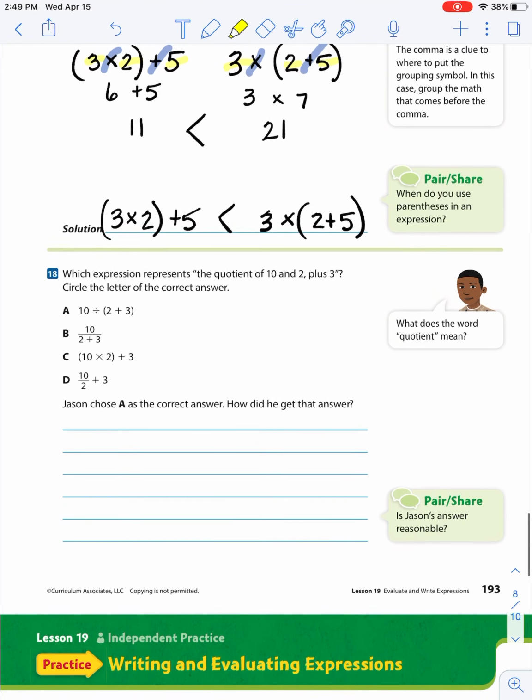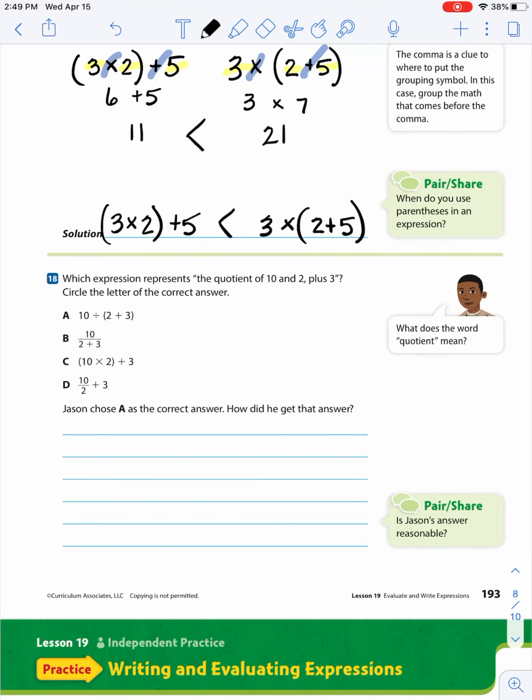Okay? And last, number 18. Which expression represents the quotient of, answer to a division problem. The quotient of 10 and 2 plus 3. Circle the letter of the correct answer.